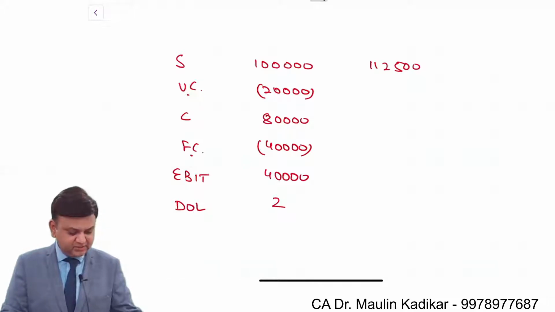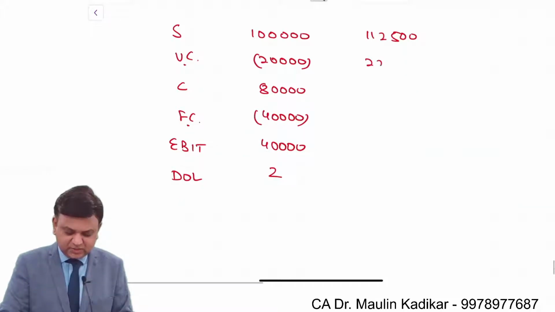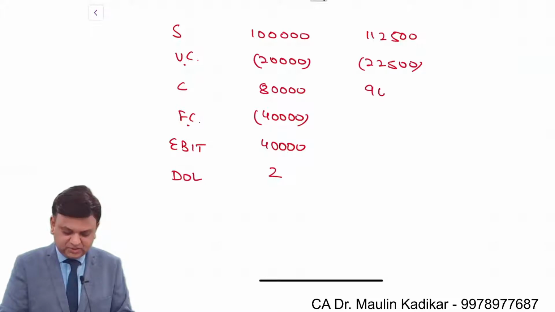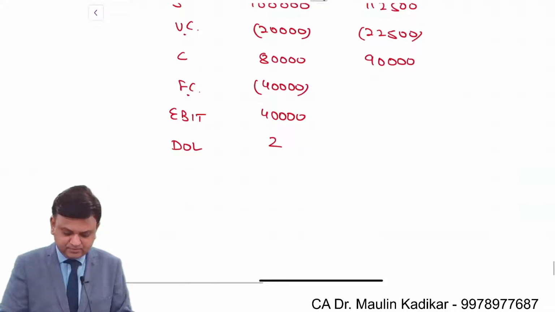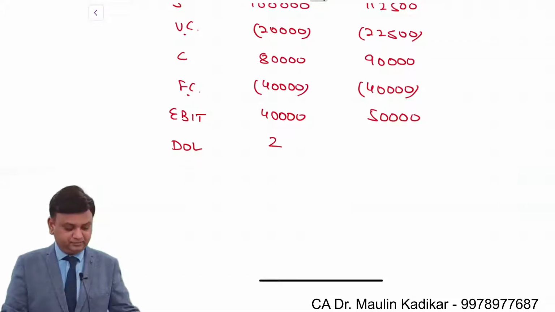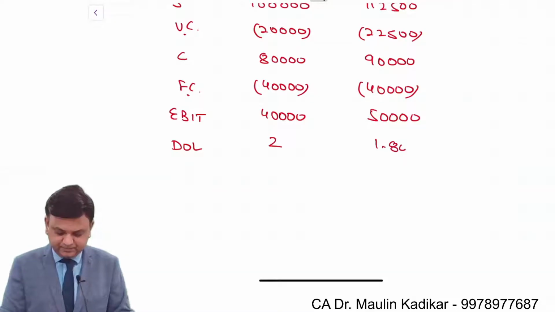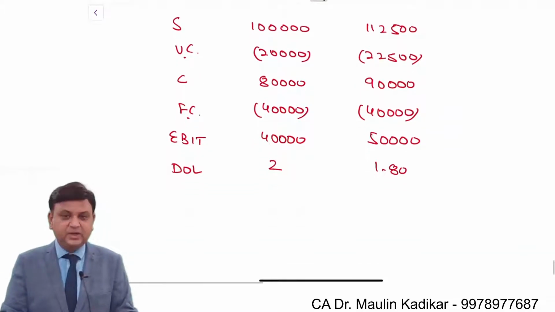Variable cost is 22,500. This is 90,000. This is 40,000. And this is 50,000. 90,000 upon 50,000, this comes to 1.80. That is the way the DOL is found.